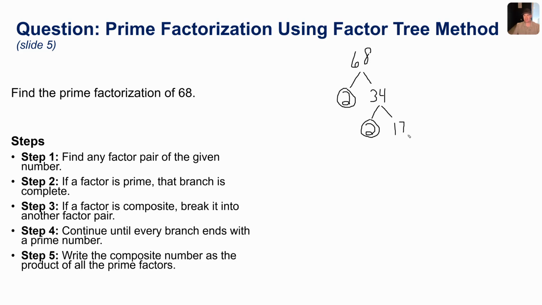Well, again, 17 only has 2 factors, 1 and 17. There are no other numbers that divide into it. 2, 3, 4, 5. You can check all those numbers. None of those numbers actually breaks down 17. So we would also circle that number as well. Now, step 5, write the composite number as the product of its prime factors. So this would be 2 times 2 times 17 here.